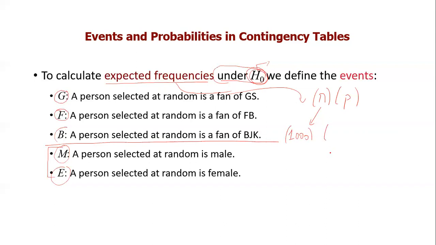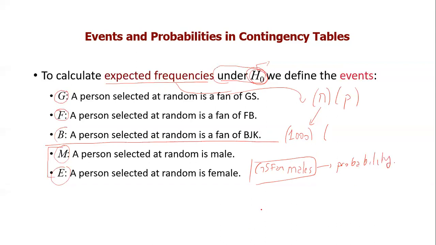Now, assume I will try to find the Galatasaray fan males. How to find this? I need the probability of this.